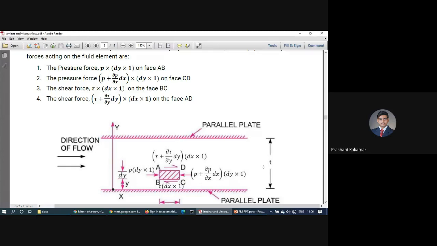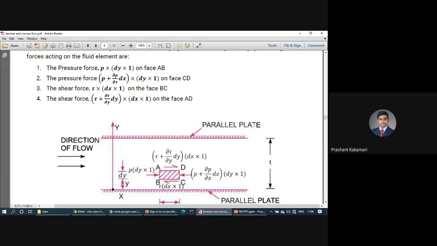It may be dt also, but many times in our discussions dt means change in time, so better you replace this t with y, the distance between the plates, as per your convenience. So the small change in distance is dy.